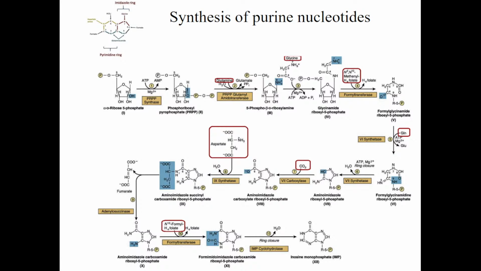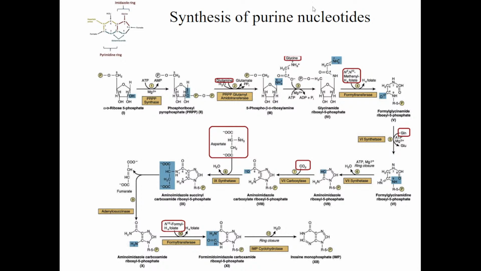The first transformation is association with pyrophosphate from ATP, giving phosphoribosyl pyrophosphate, an active macroergic derivative, and later multiple amino acids participate in synthesis of, for example, purine nucleotides.